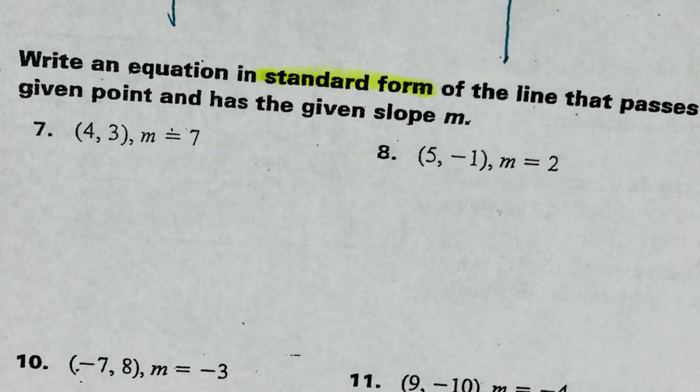I'm waiting on somebody to tell me what I should do first. Look at what they gave you. We should probably write an equation in point-slope form first, and then do what? Rearrange it to ax plus by equals c.